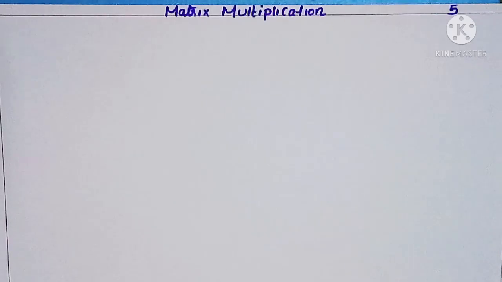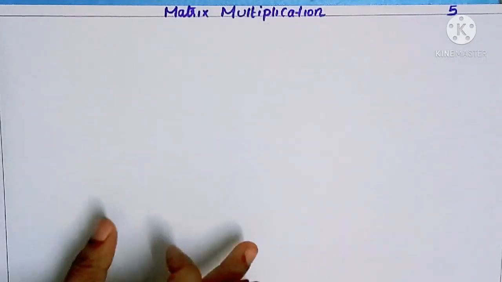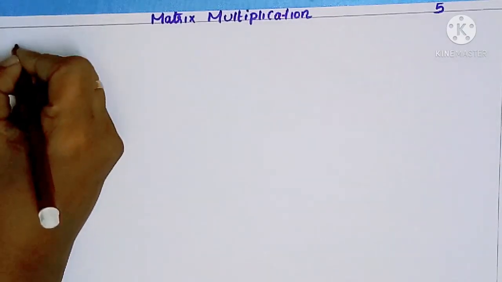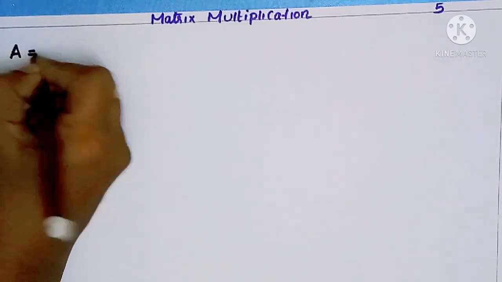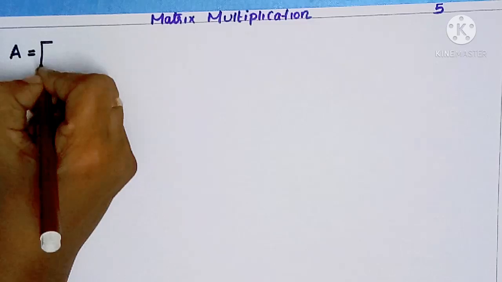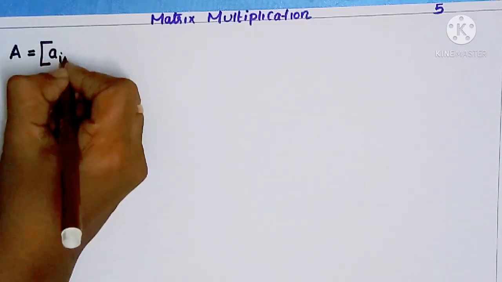Today we are going to discuss matrix multiplication. For matrix multiplication, I am taking two matrices. The first is A, whose element can be written as A i j.